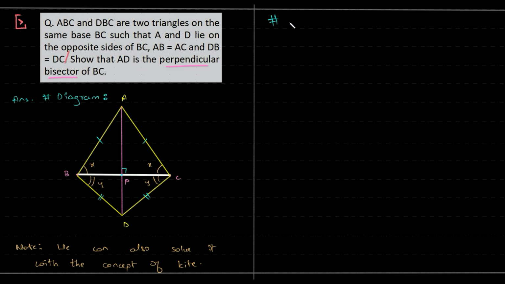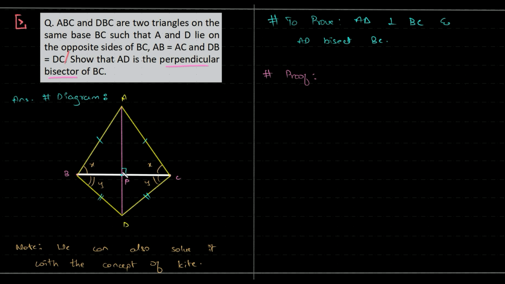If I do use congruency, let me think over. So to prove AD is a perpendicular line to BC, and it bisects BC. Okay, now the proof.